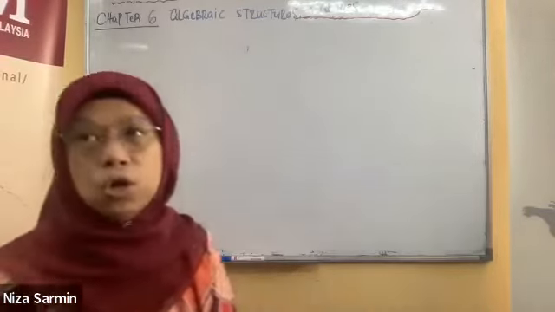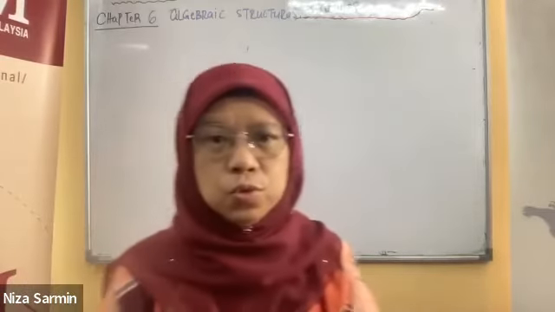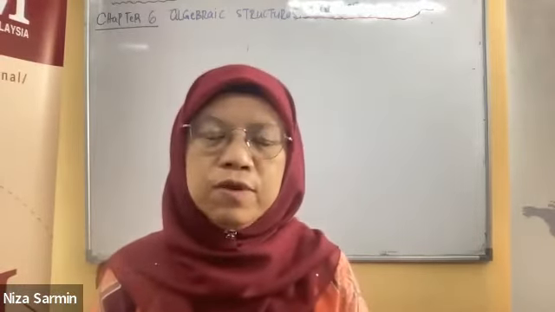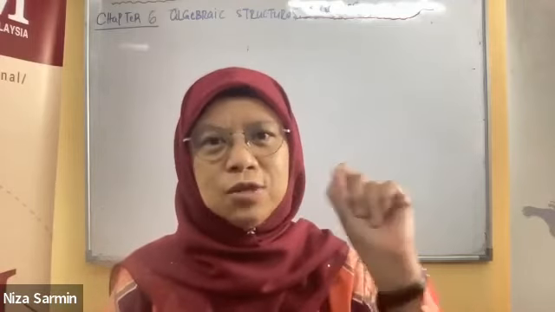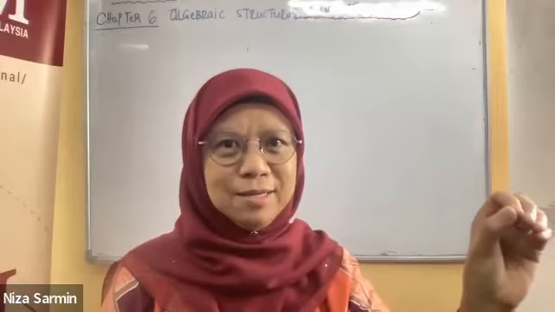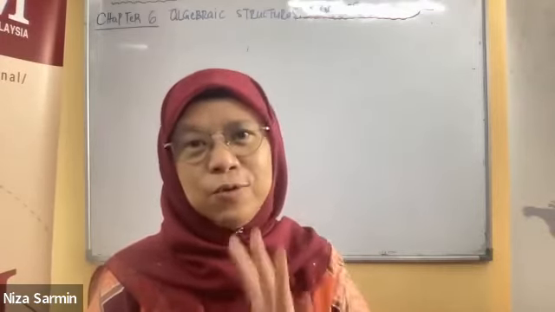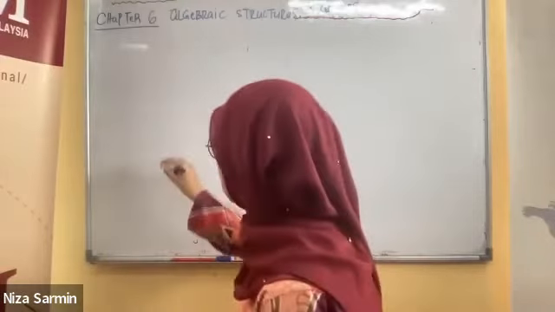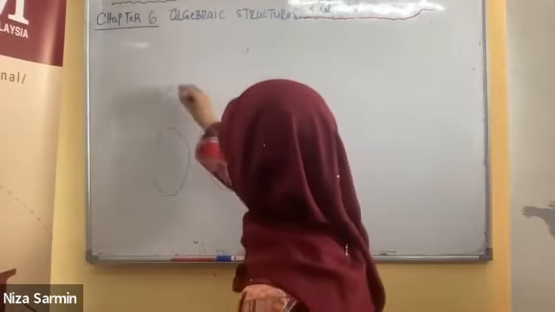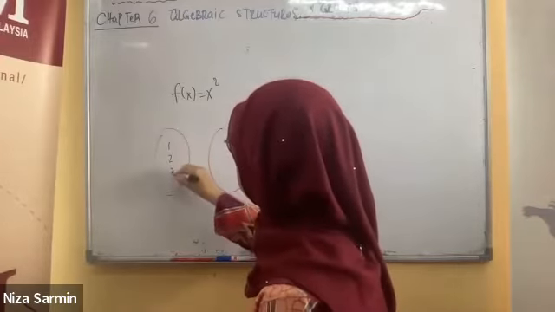If it is not onto, you just need to find one y that is not an image. Yeah, it's easy to show it is not onto. Find one y, like I showed you last time, right? 1, 2, 3.